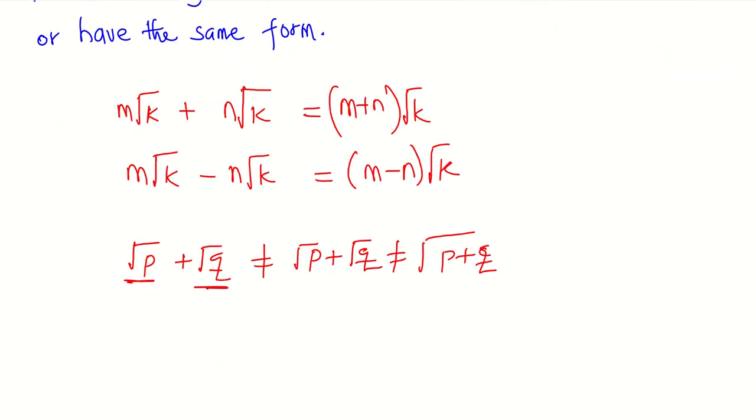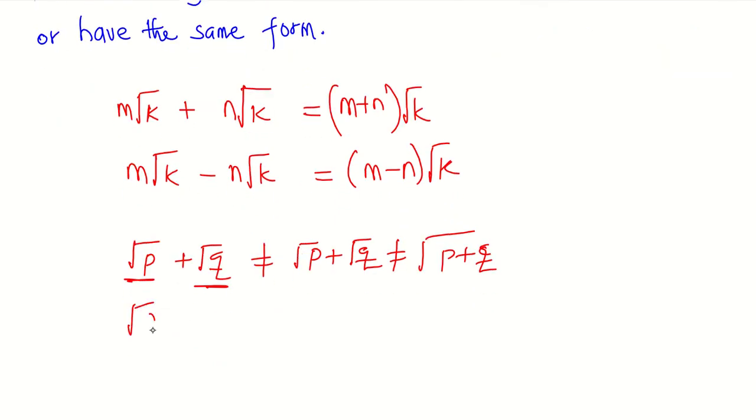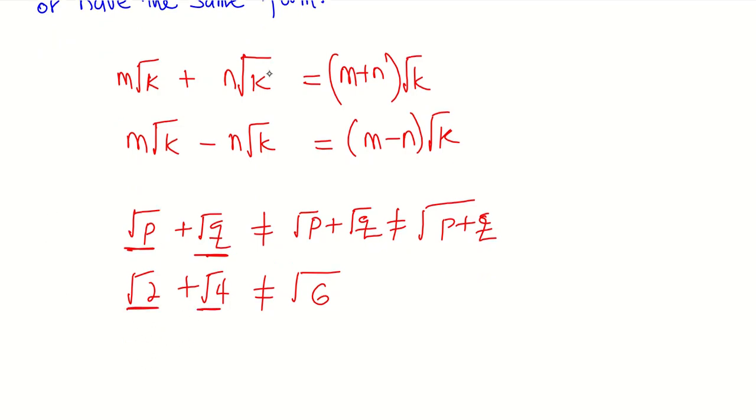Now, a typical example is what we have here: square root of 2 plus square root of 4. We cannot say that this is equal to square root of 6, because the root components are not the same. Not to talk of subtraction. That is, if we have square root of 4 minus square root of 2, once the root components are not the same, we cannot say that it is equal to 4 minus 2, that is the square root of 2.